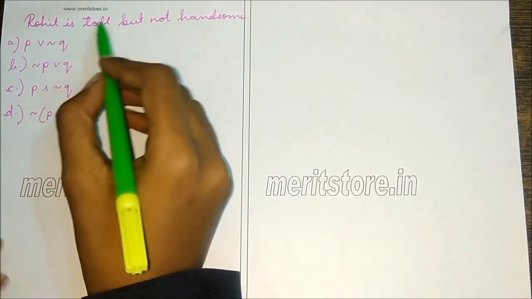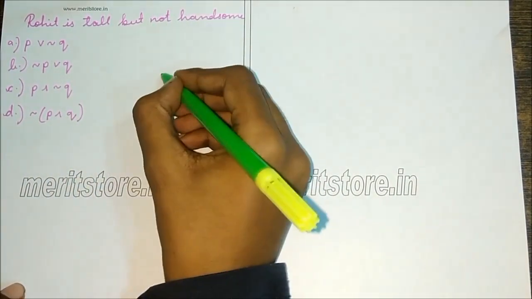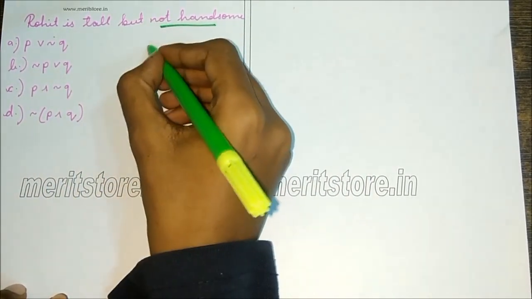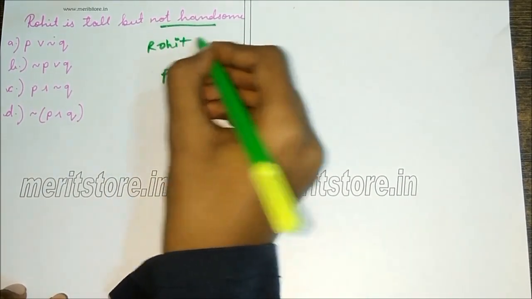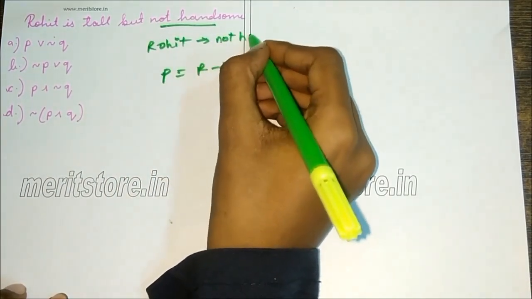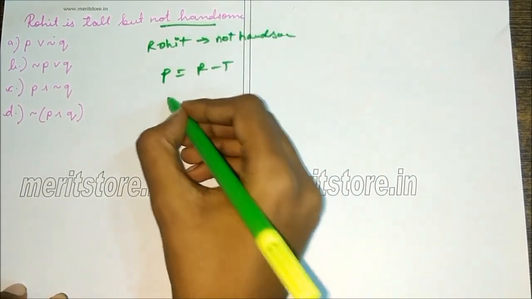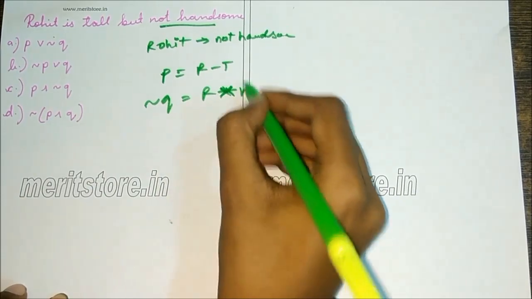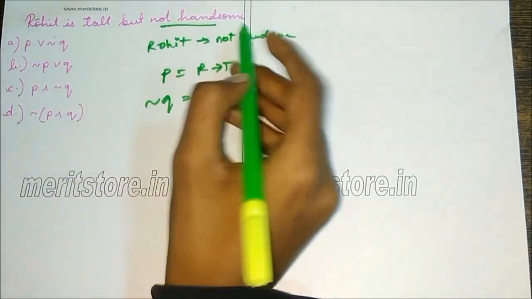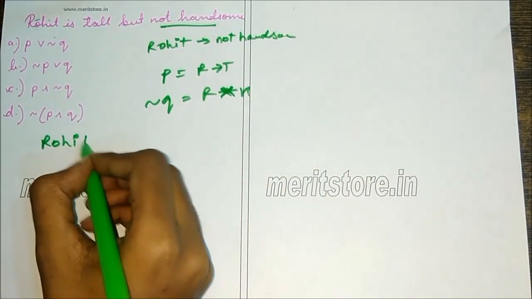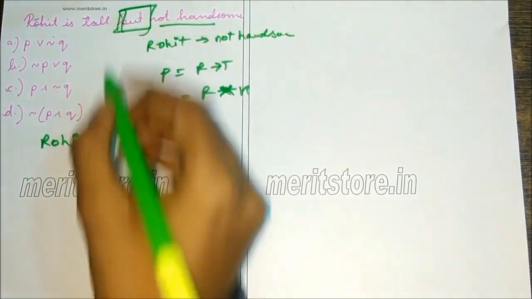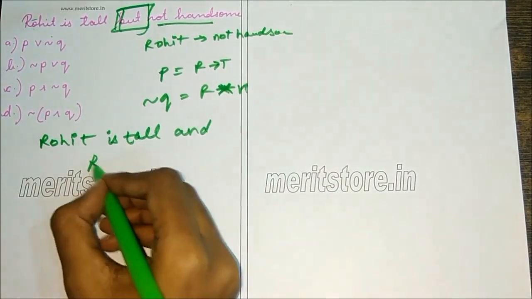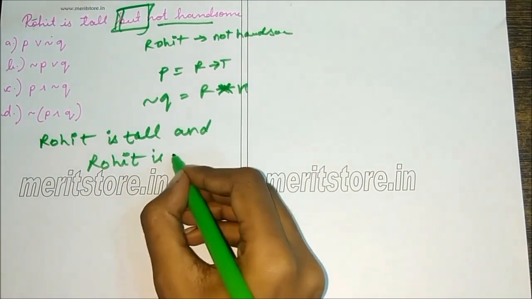Next statement is Rohit is tall but not handsome. We know that P is Rohit is tall. Rohit is not handsome, we can write as negation of Q. So we can rewrite this sentence, since but is a conjunction, as Rohit is tall and Rohit is not handsome.